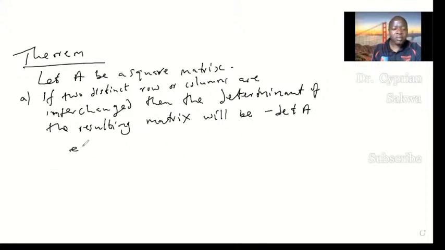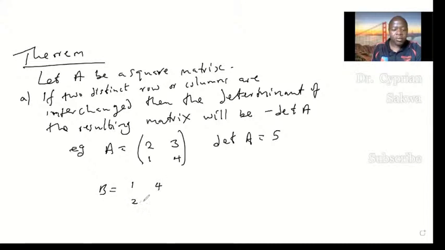Let me just show an example before we proceed. Suppose A is 2, 3, 1, 4. What is the determinant of A? The determinant of A would be 8 minus 3, which is 5. Let's try to interchange the rows. Here I have B as 1, 4, 2, 3.